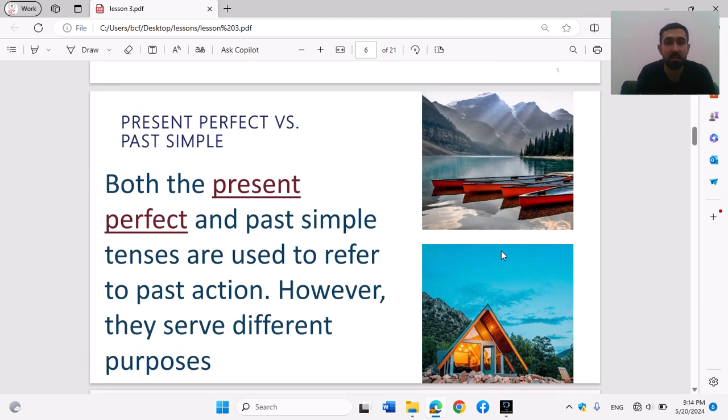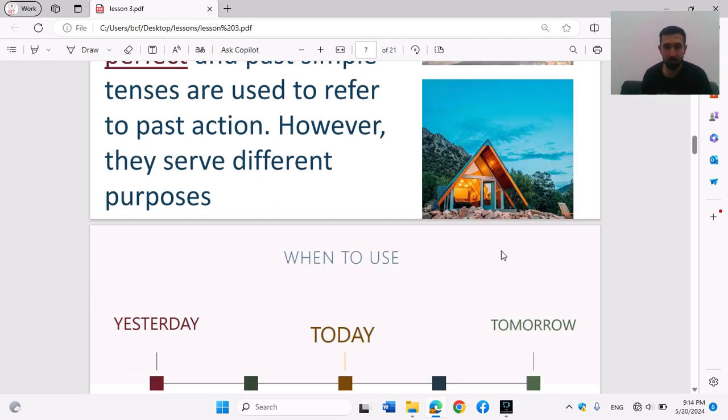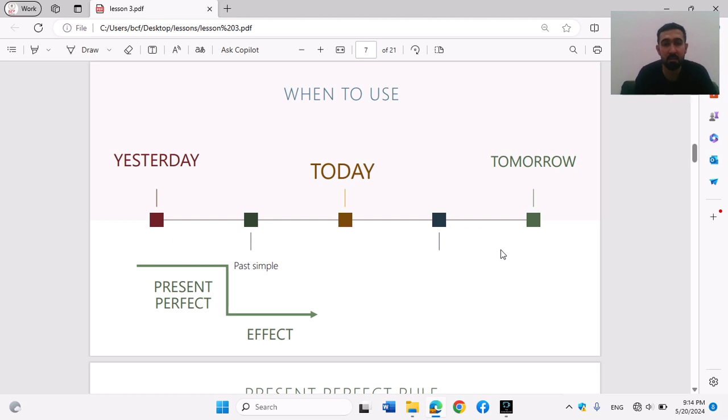If we compare present perfect versus past simple, both present perfect and past simple tenses are used to refer to a past action. Okay, they are both talking about an action that happened in the past. However, they serve different purposes. So they are used in different ways. How? We are going to talk about it. Okay, this is the difference.